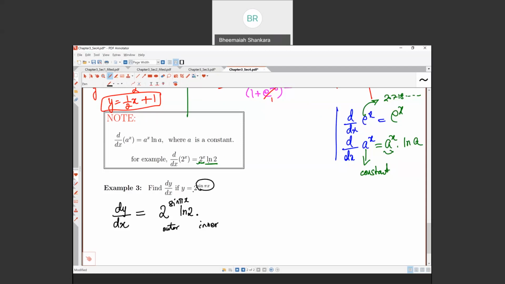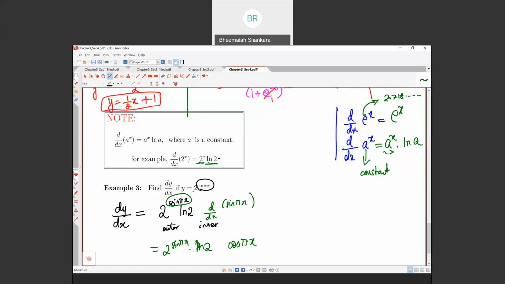Now you are going to differentiate the inner function. Inner function in the problem is sine pi x. So the derivative of sine pi x. Derivative of the sine function is cosine. So write that in the first step. And now, if it's sine x, the derivative would be cosine x and you're done.